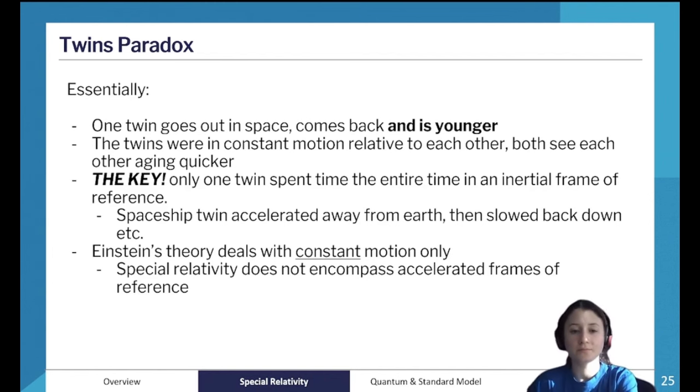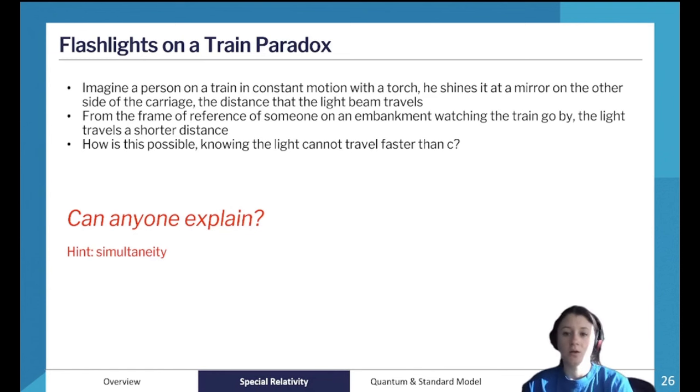All right, let's move on to the next paradox, which is the flashlights on a train paradox. So this is the one that we briefly touched on a little bit before.